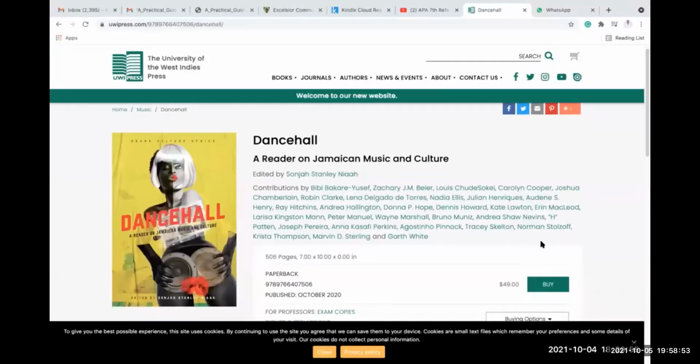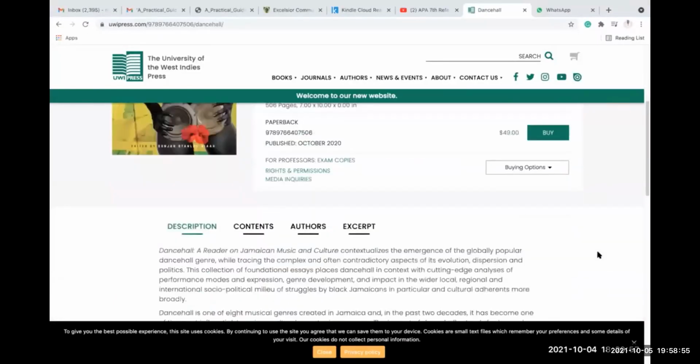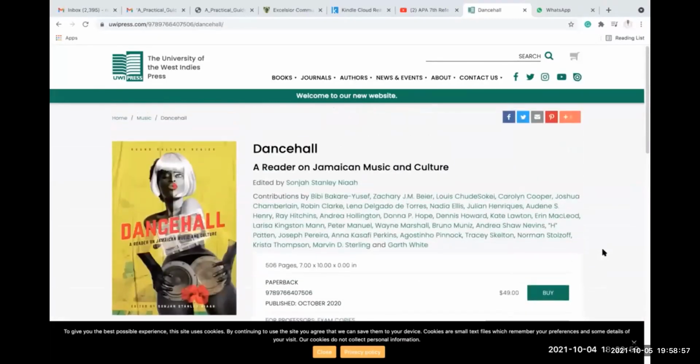It's called a dancehall reader. There you go. So you're going to do something in a book chapter that I actually wrote in. Okay, so we're going to look at this.